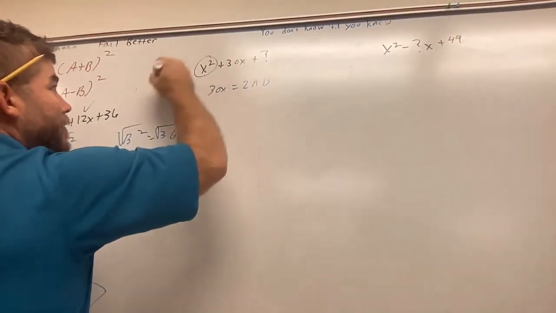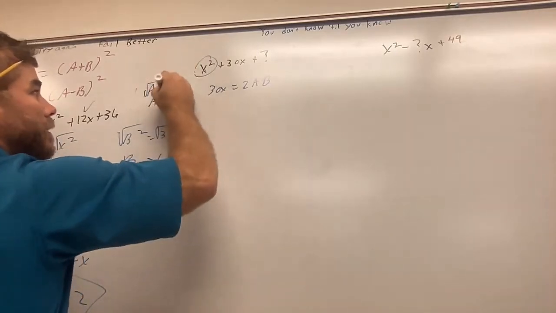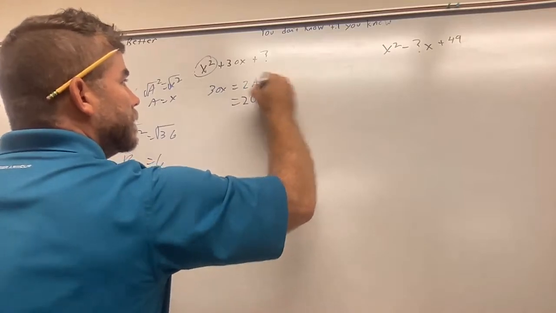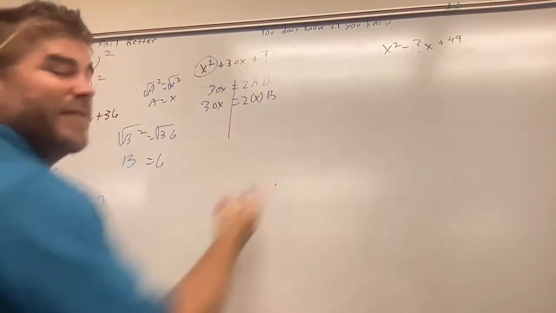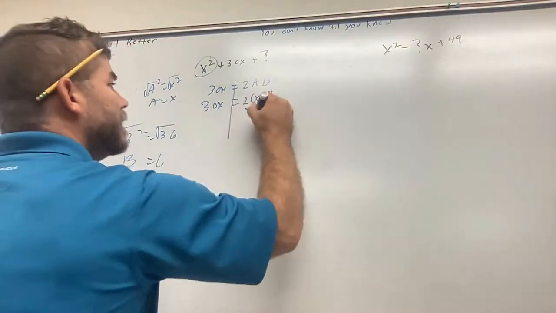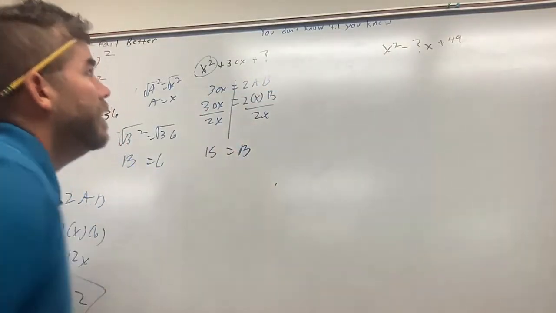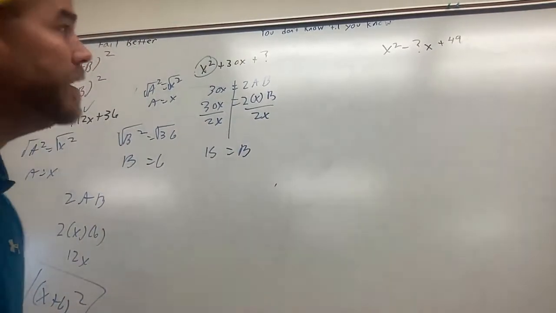I know my a here is going to be x. So I know that this is 2xb. I can divide both sides by 2x. This is 15 equals b.